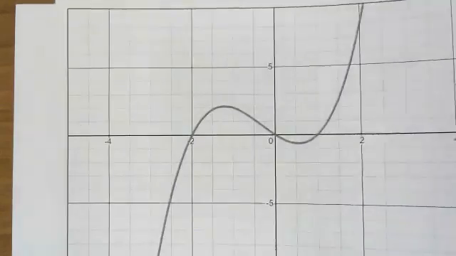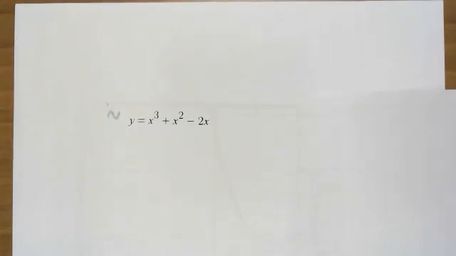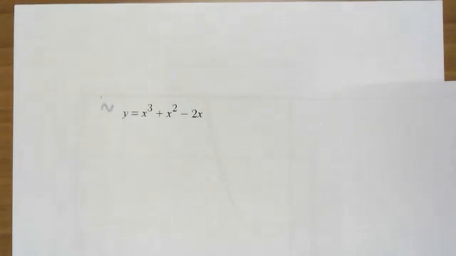All the examples we've done so far, by looking at the graph, it's very clear what the values of x were at the maximum or minimum, and also the actual value of the function. But sometimes you get graphs like this, and here's the equation of this graph. Pretty standard looking equation to graph.